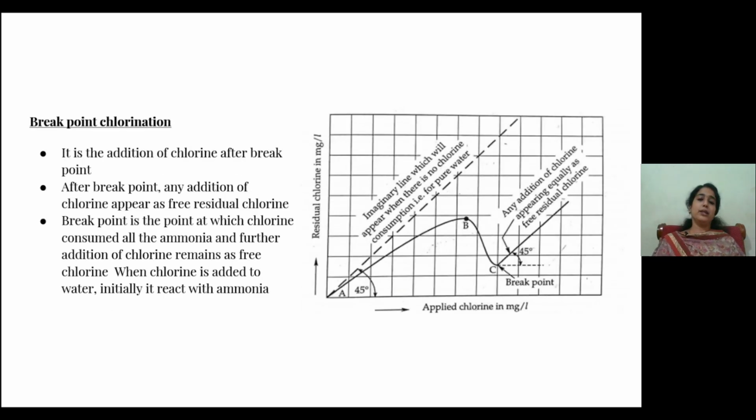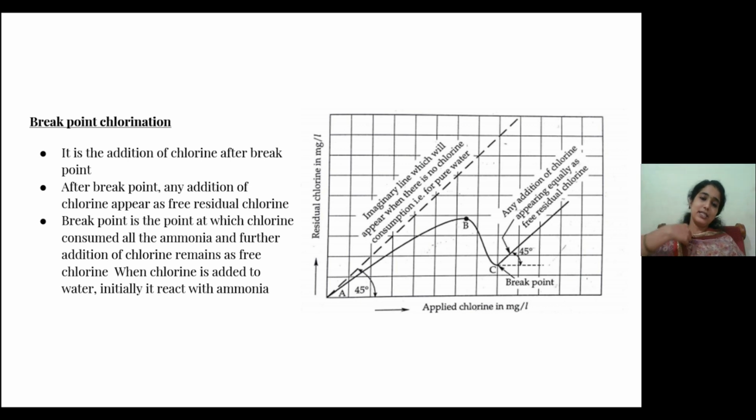Then the breakpoint chlorination. When chlorine is added to water, you can see the graph shown in the slide. On the x-axis is the applied chlorine, that is the amount of chlorine that we are adding into the water, and the y-axis is the residual chlorine that will be there in the water after adding the chlorine.